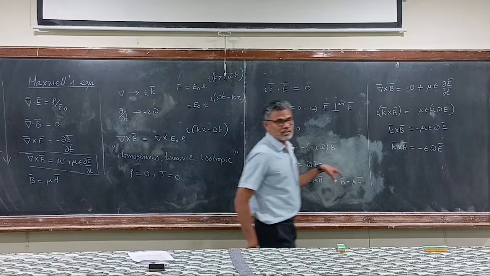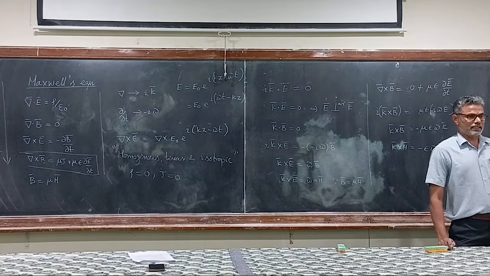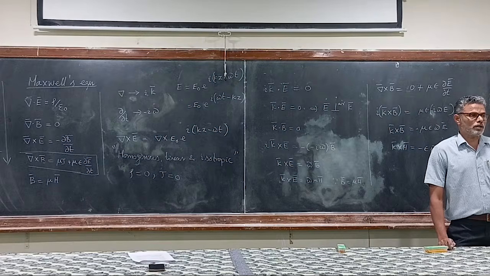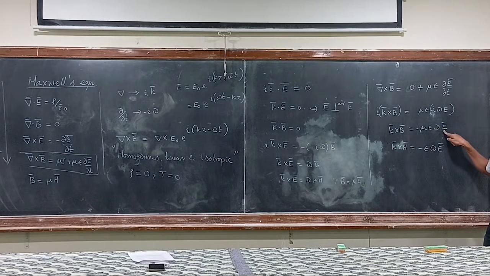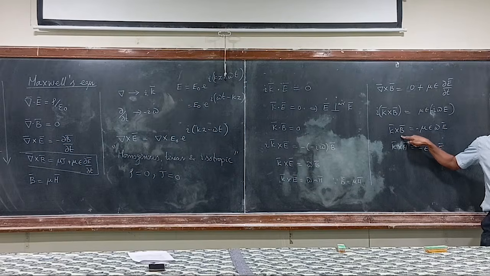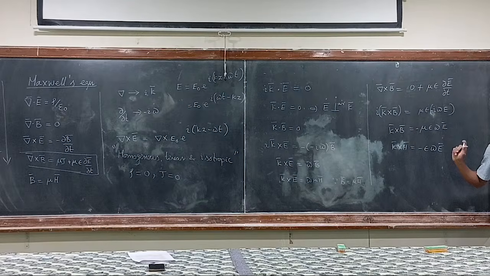You will get the answer, but you have to look at the options only at that time. Based on the requirement, you have to modify your answer. If the answer is in terms of k cross H instead of k cross B, you have to modify the value.